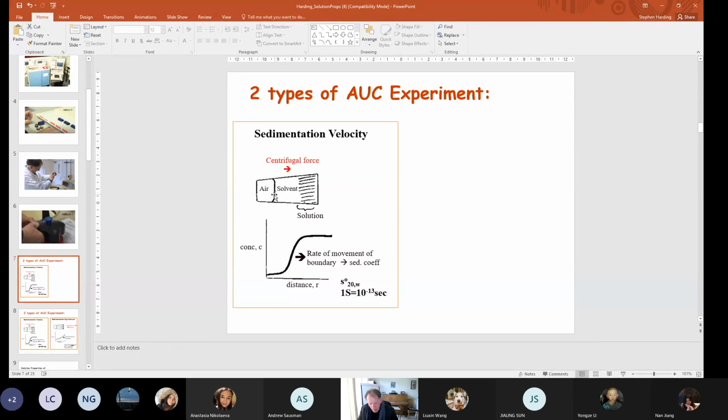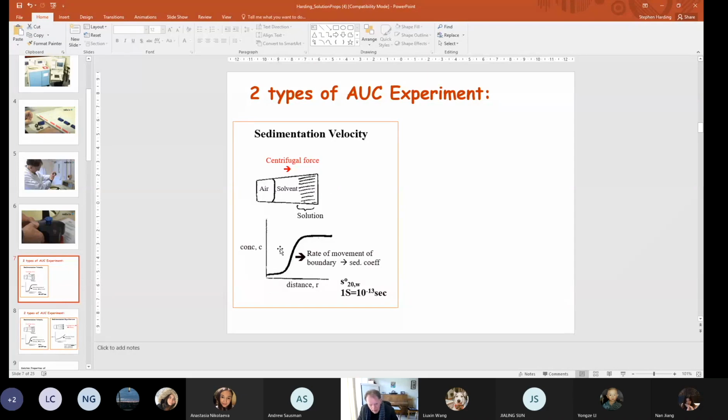But this can take a period of an hour, 2 hours, 3 hours to happen. As the material slowly sediments, it leaves a region of clear solvent left behind as the protein moves towards the bottom of the cell.